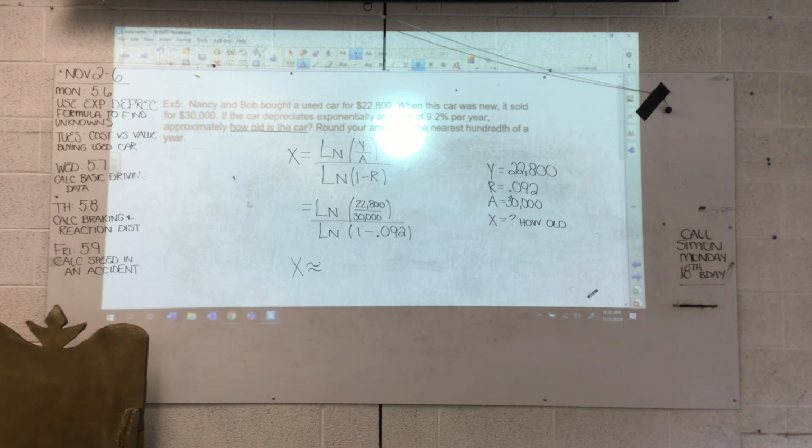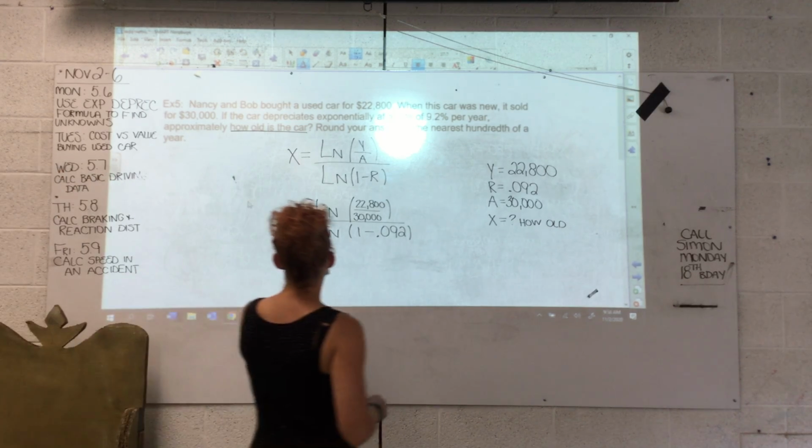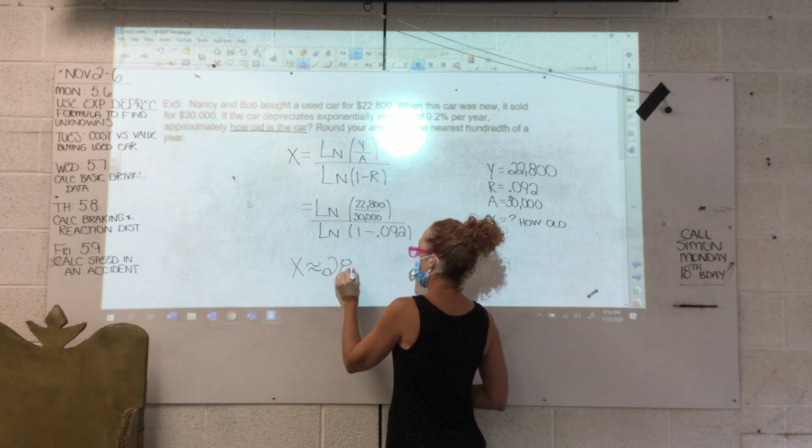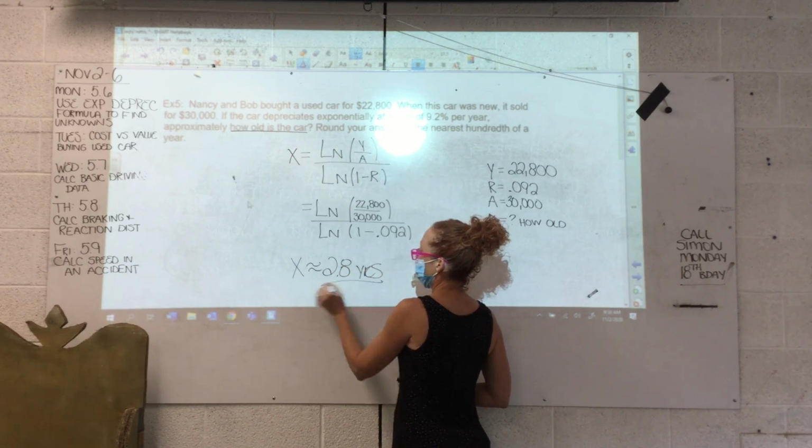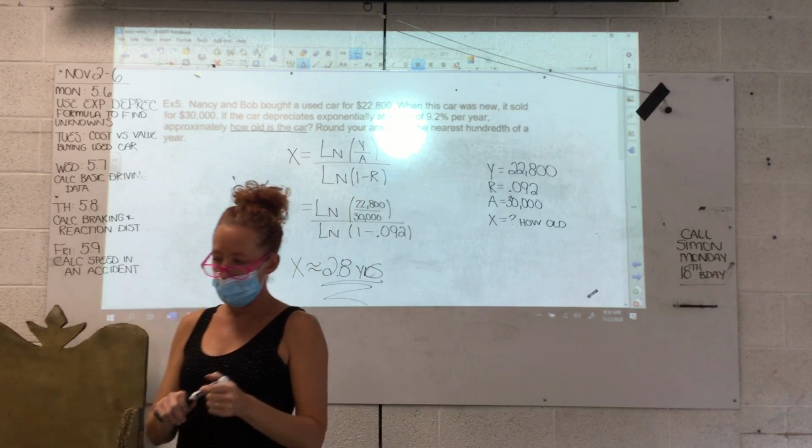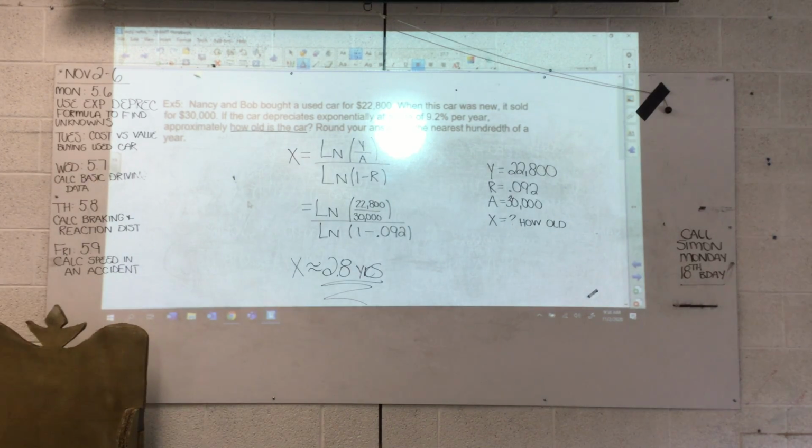All right, 2.8. If your calculator doesn't say 2.8, call me over. My calculator does not say it. Oh, I know why. Never mind. Try when you're ready. You gotta click divide.